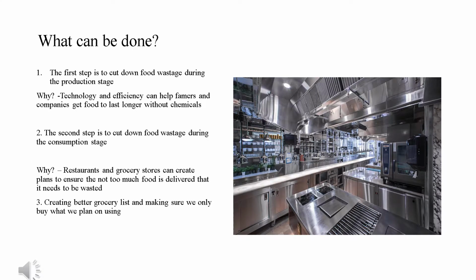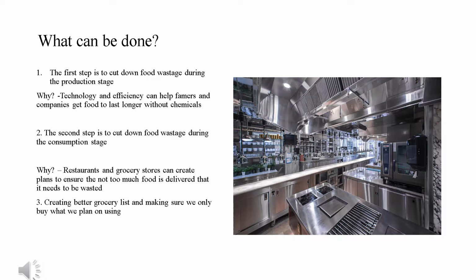So, what can be done about food wastage? Well, we believe there are two steps. The first step is to cut down food wastage during the production stage, while the second step is to cut down on food wastage during the consumption stage.